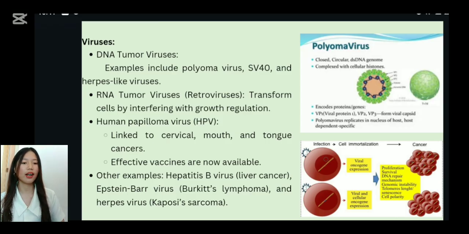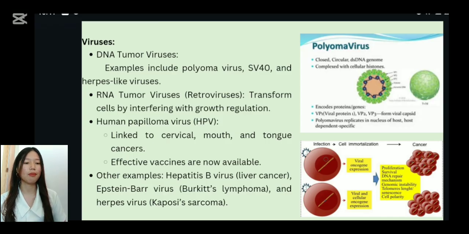So vaccines are available to prevent HPV infections. Other examples are hepatitis B virus, which causes liver cancer, and Epstein-Barr virus, which causes Burkitt lymphoma.